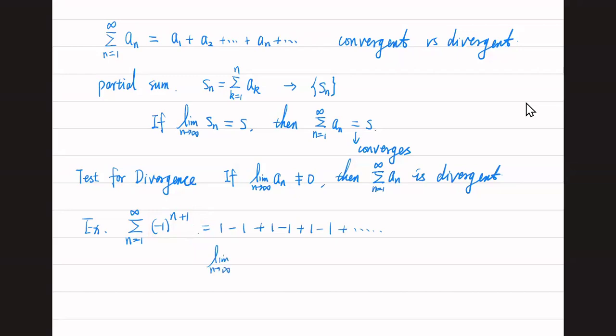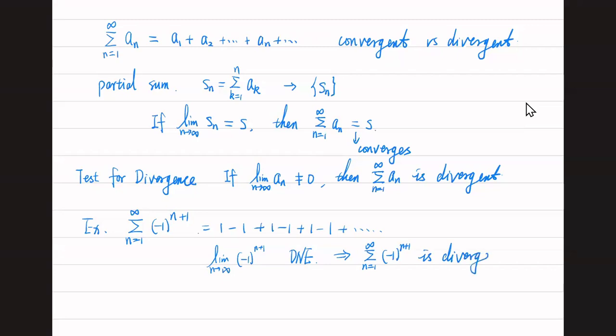In particular, it's not 0. Therefore, this series is divergent. That's how we apply this test for divergence.